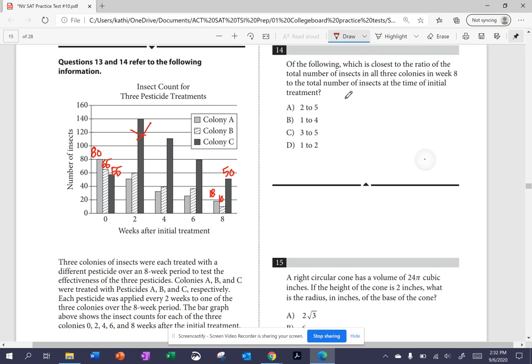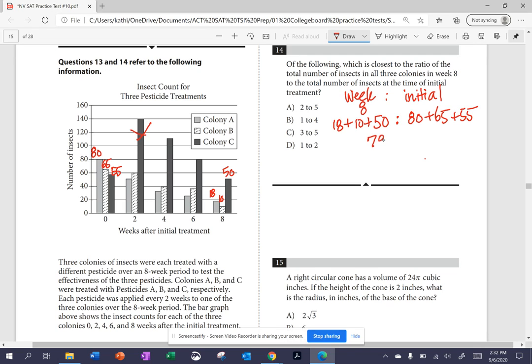So I'm going to compare week 8 to the initial. So I'm going to add up week 8, which is going to be 18 plus 10 plus 50, and compare that to my initial, which is 80 plus 65 plus 55.